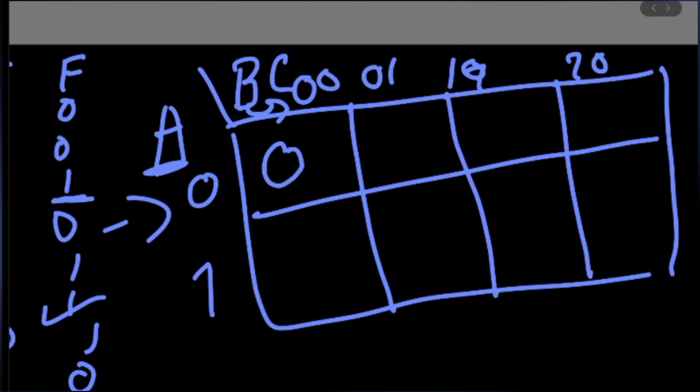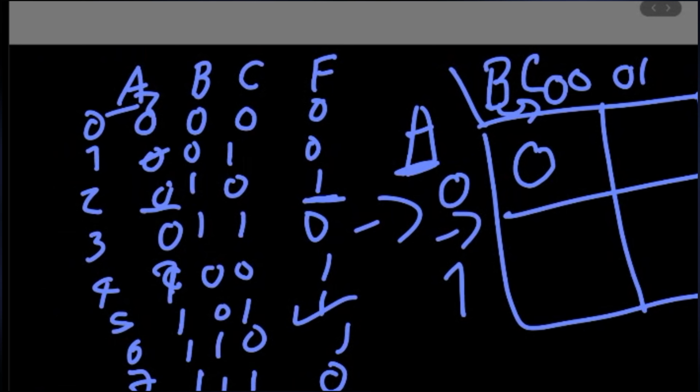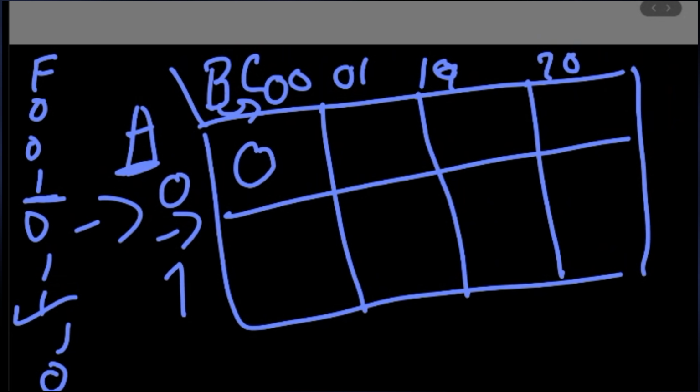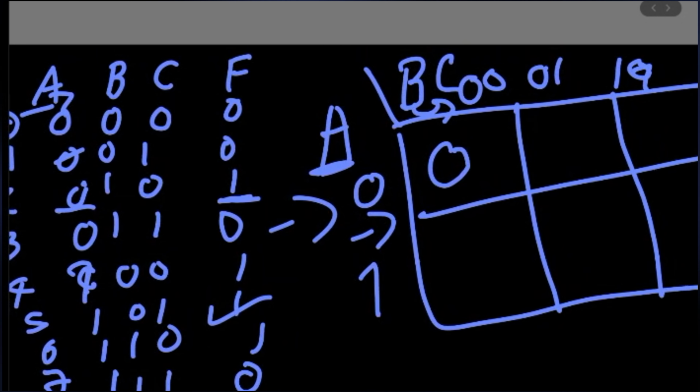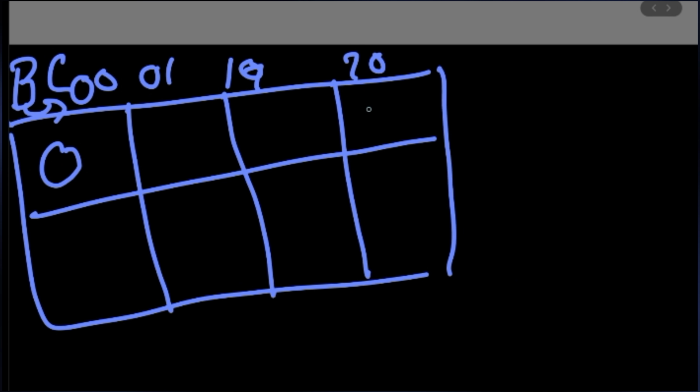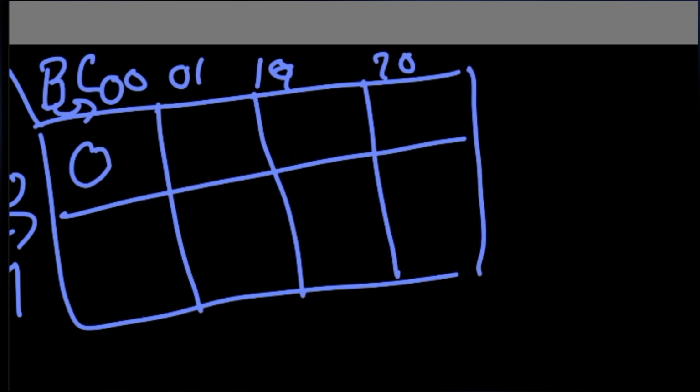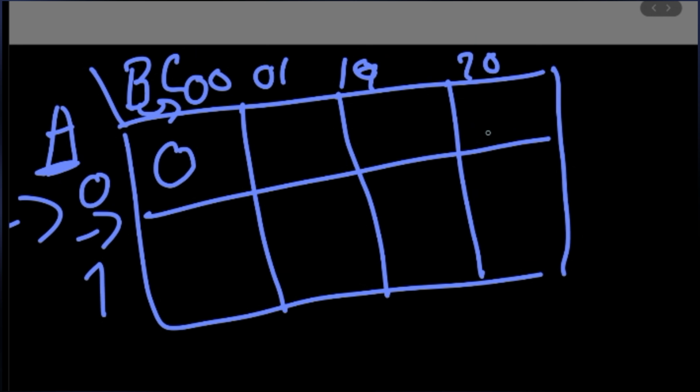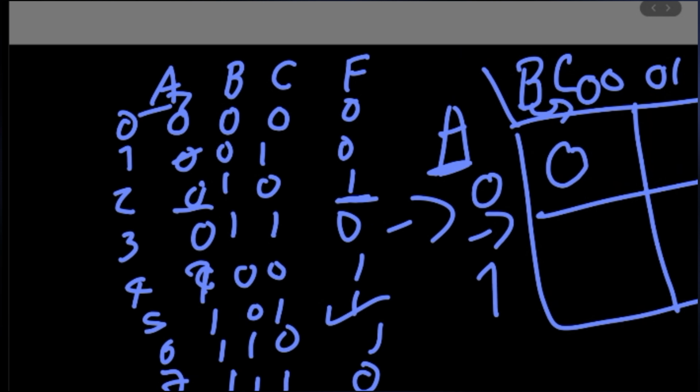So in this row, when A is 0, and B is 1 and C is 0, obviously it is 1 in here.